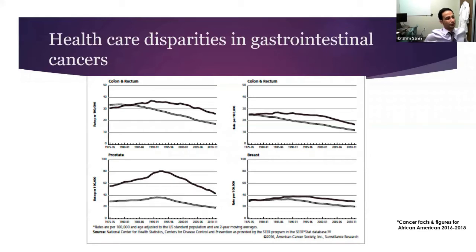Unfortunately, the gap started to open in the late 80s and early 90s and never closed, even though screening has reduced the incidence in the subgroup, indicating that screening and access to care for colon cancer, one of the most common types of gastrointestinal cancer, has never been the same for all subgroups of society.